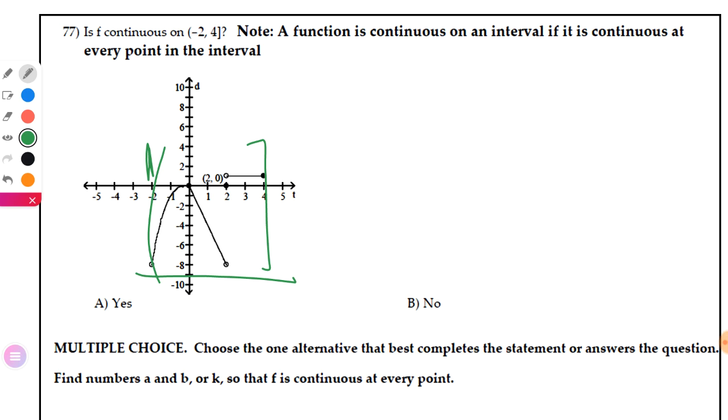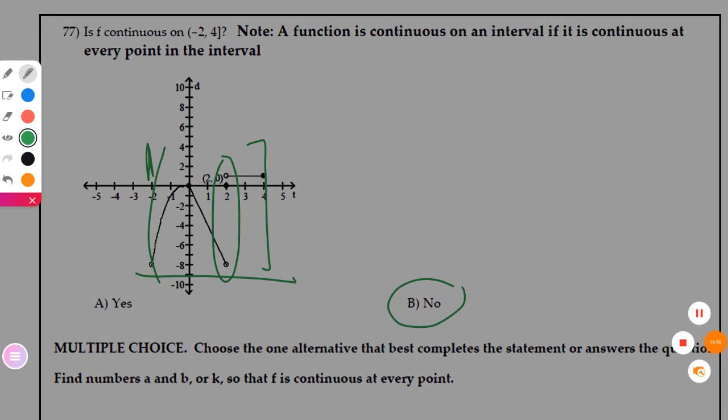Yes, so clear, at 2. We have a jump and a gap like this one. The limit does not exist, and the value of the function is different. So we say no, because at 2 we have an interruption. It is not continuous.